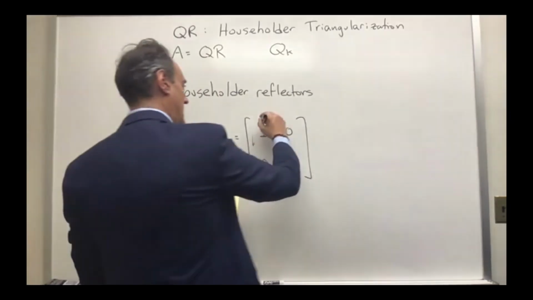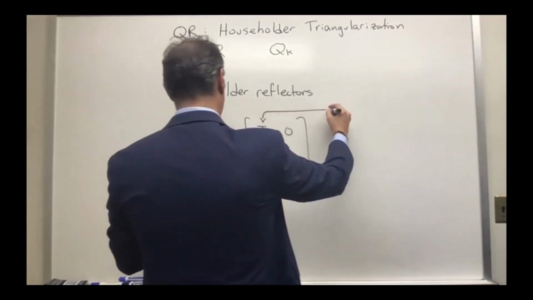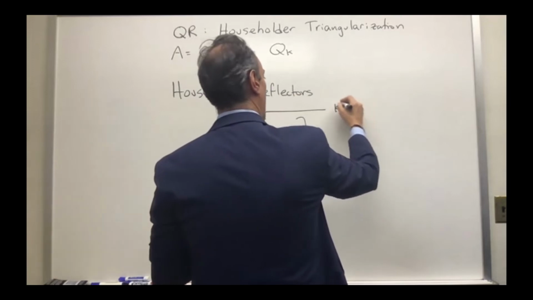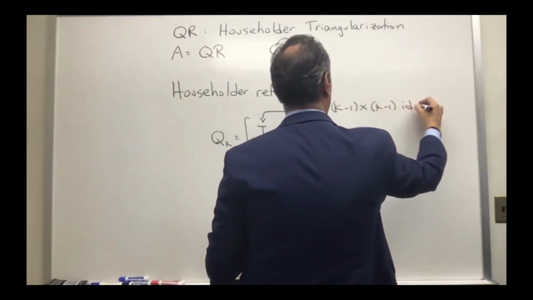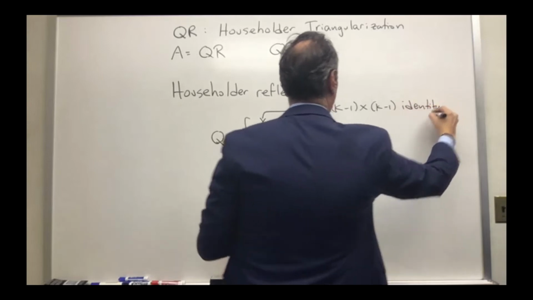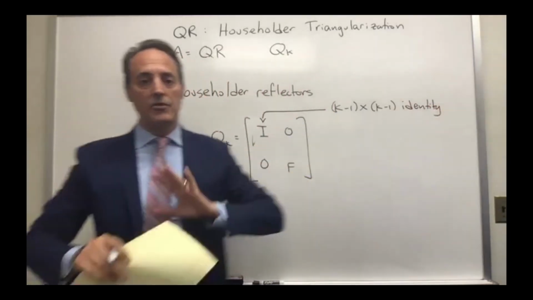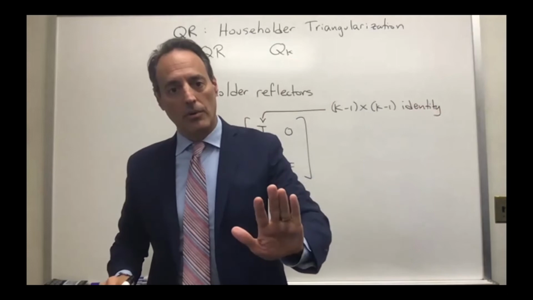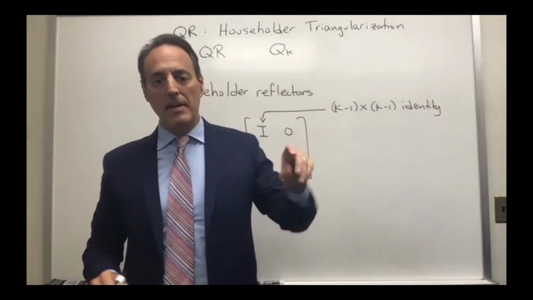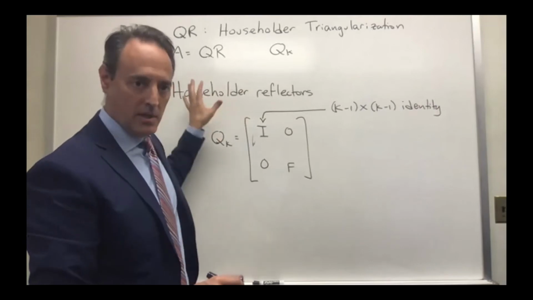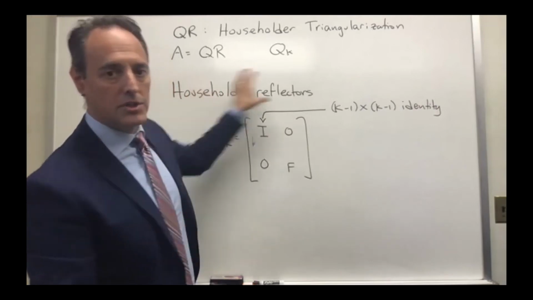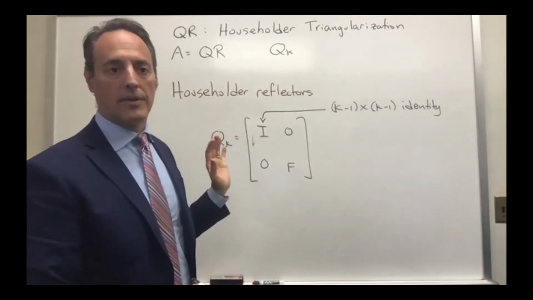It's going to be an identity matrix up here, which is the K minus 1, if this is a K minus 1 by K minus 1 identity. You know what this does? It leaves all the previous work alone. That identity makes sure that it doesn't touch the columns that I've already set to put zeros underneath them, nor does it touch the rows that I've already worked with, right?